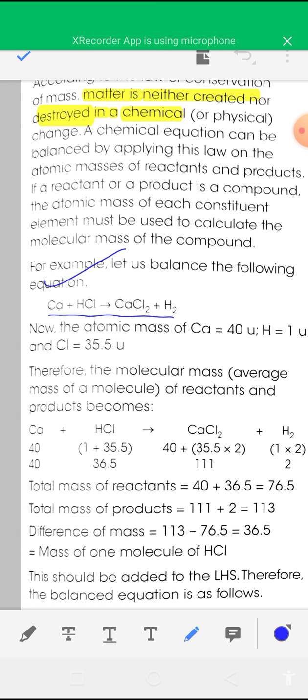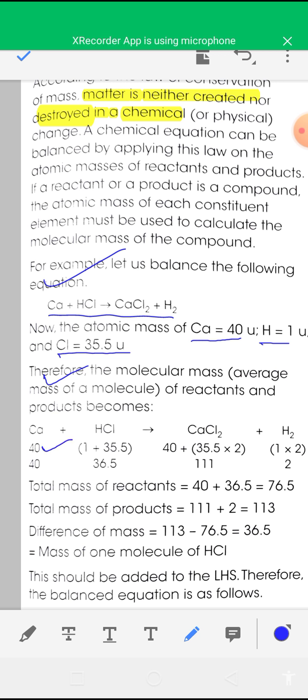The atomic mass of calcium is 40, hydrogen is 1, and chlorine is 35.5 u. First you have to write down the atomic or molecular mass of each reactant and product. Calcium is 40.